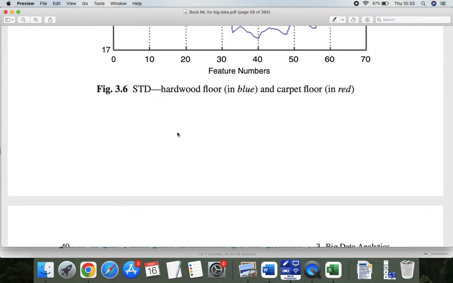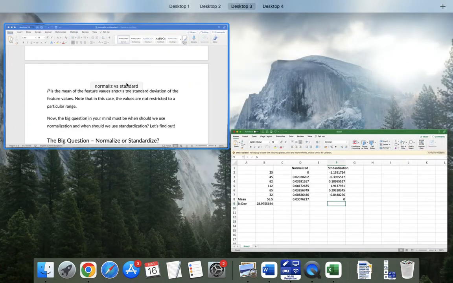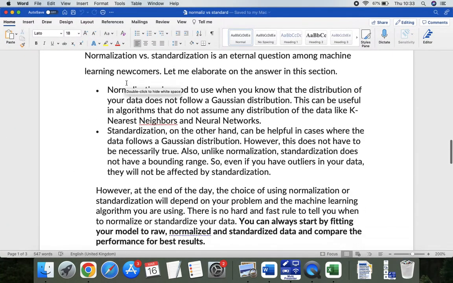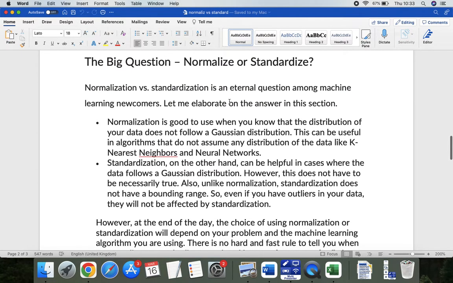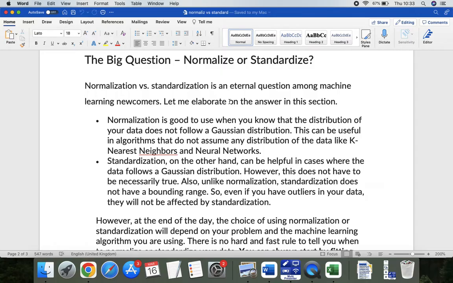So some of the major differences. A very good question here is when you should use normalization and when you should use standardization. Normalization is done when your data does not have a normal distribution.